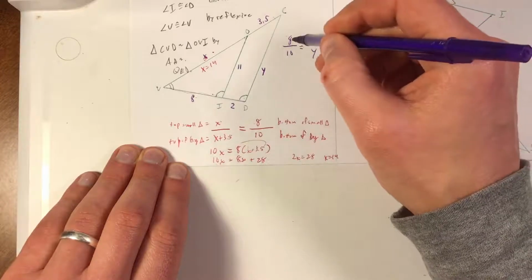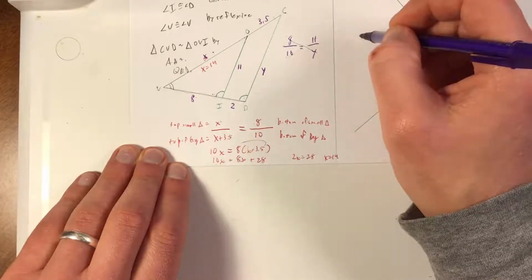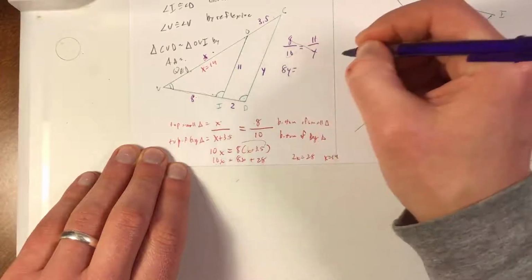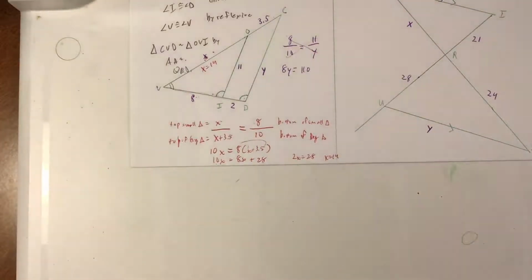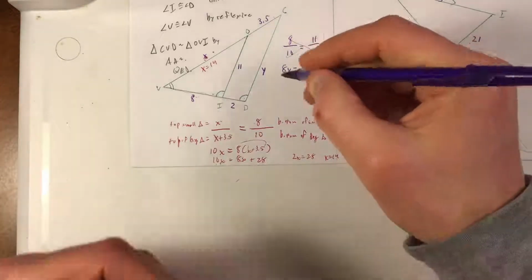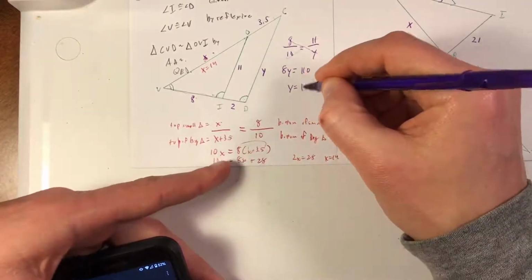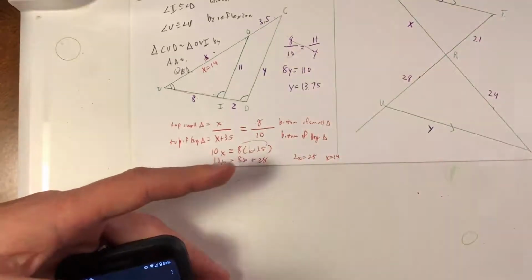And then I'm just going to cross multiply. 8y is equal to 110. Get out my calculator. 110 divided by 8. And I get y is equal to 13.75.